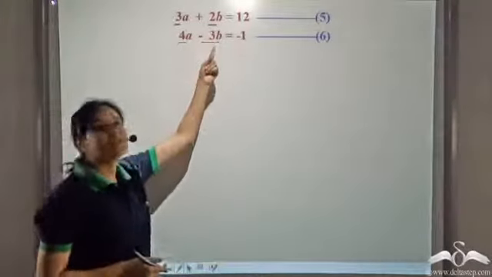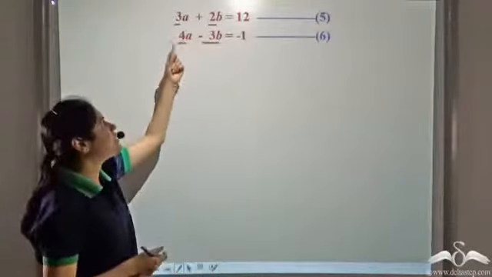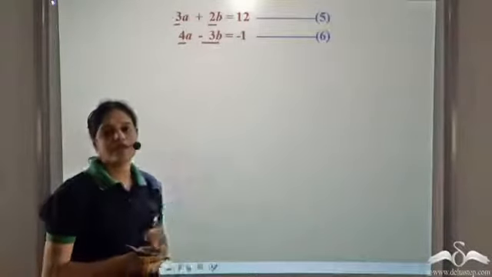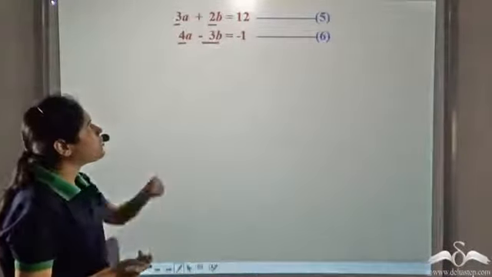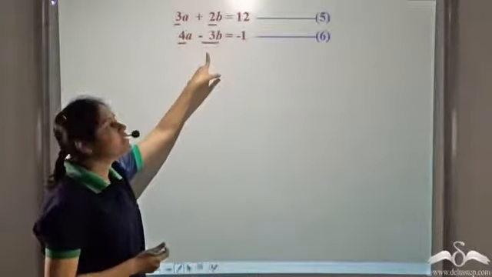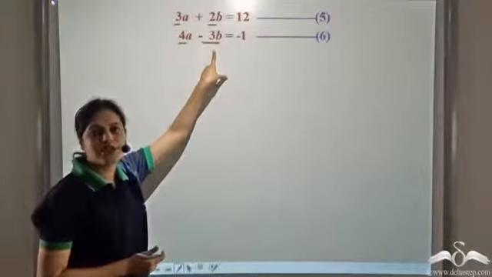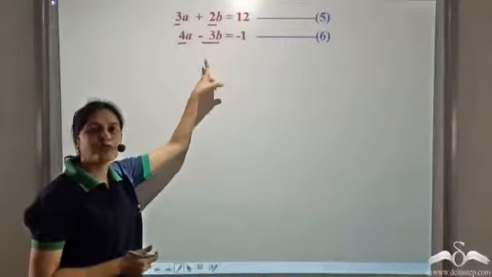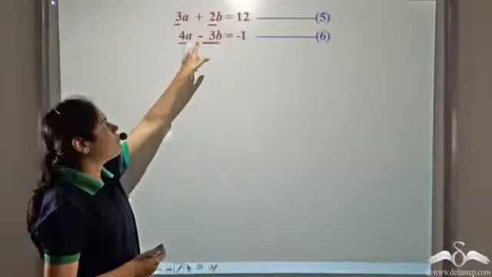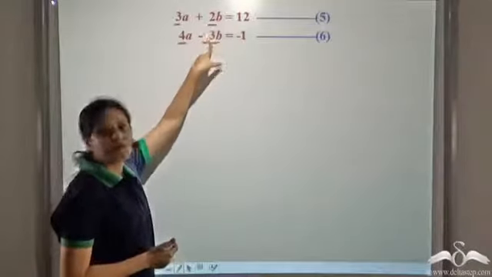Since 2 and 3 are smaller numbers than 3 and 4, let us eliminate b. In order to eliminate b, first let us consider the LCM of 2 and 3, which is 6. We need to have 6 here.